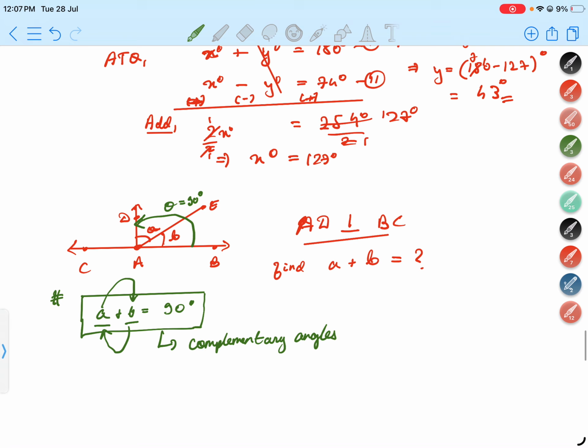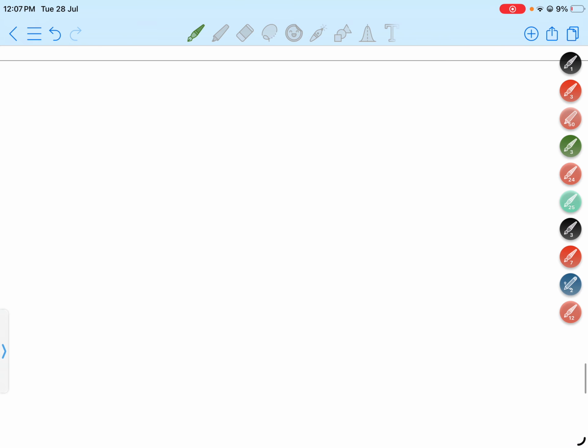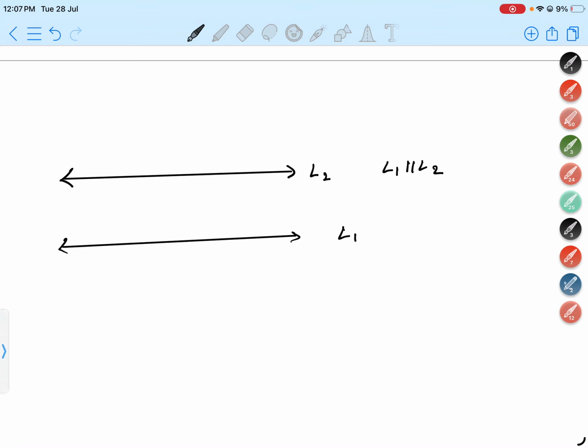Okay, I'll write an example for you. Let's say that we have two lines. These are parallel lines, L1 and L2, L1 parallel to L2, and P1 is some transversal which cuts it at point O and O dash.